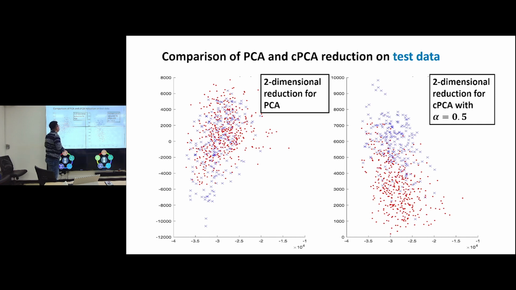This is the projection by PCA on the testing data set, and this is the projection by our algorithm using CPCA with alpha equal to 1/2. You can see our projection performs better than PCA in this case, because we can successfully separate the patient individuals and the healthy individuals.